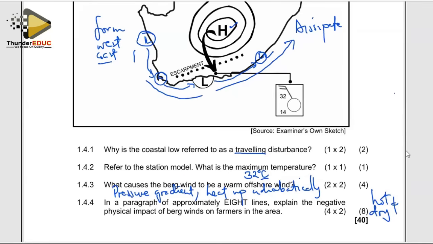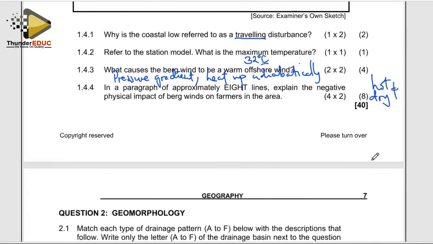So how do they impact on farmers in the area? That is basically the question. We can talk of the farmers experiencing serious challenges with their crops. Crops may wilt or can even die due to insufficient water.